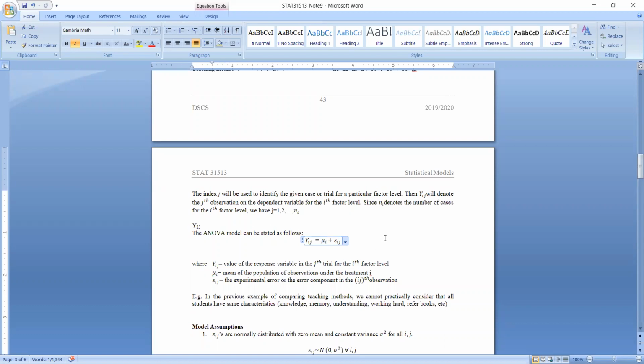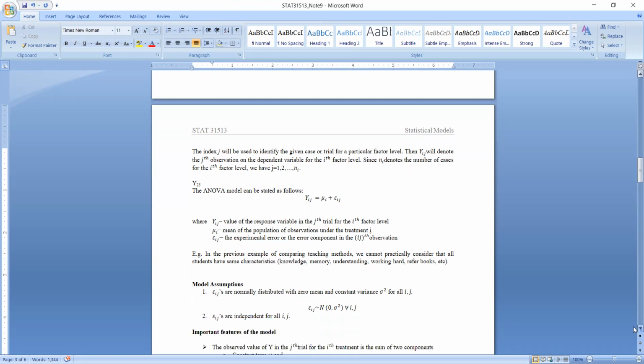So here, if you're going to write down the treatment mean model under completely randomized design using one-way ANOVA, this is how you have to write it. You have the observation, and the observation is expressed using the mean value of the treatment plus the error term.